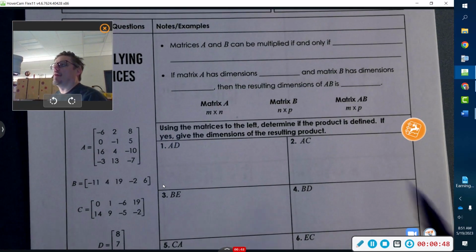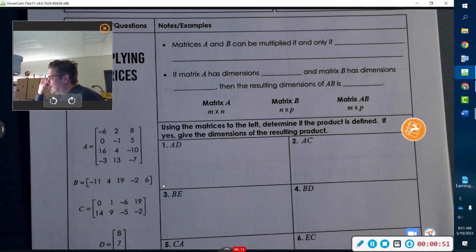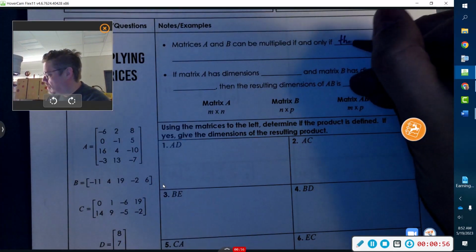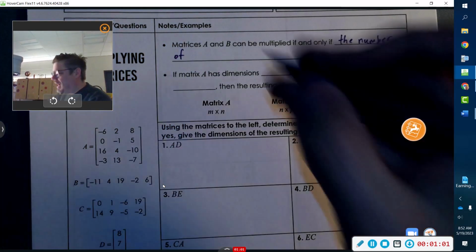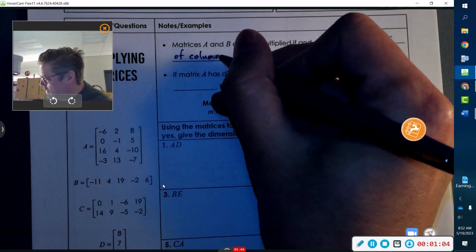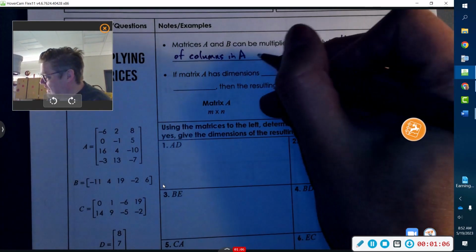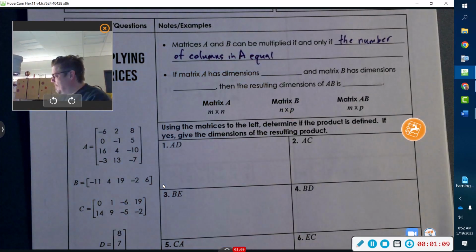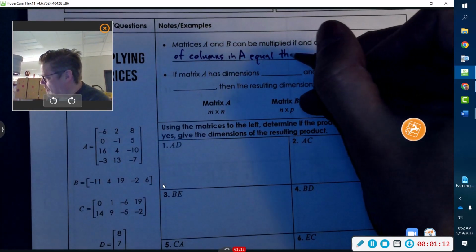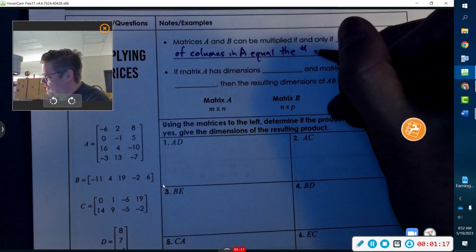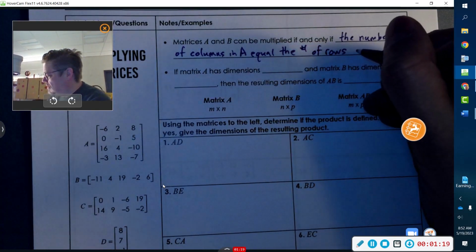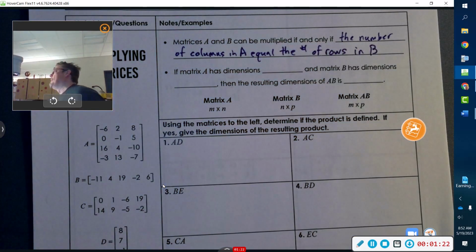All right, so matrices A and B can multiply if and only if, and here's the weird part, the number of columns in A equals the number of rows in B. I'm just going to abbreviate the word number with its symbol. It's weird, but there's a nice little trick to this.